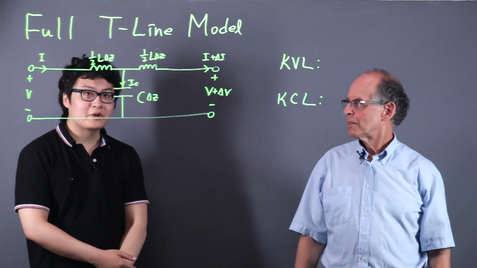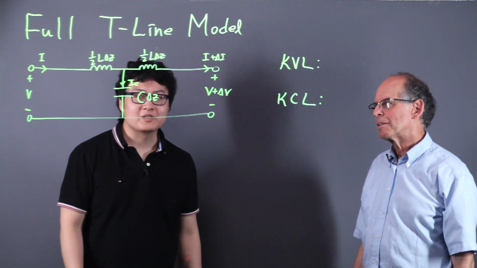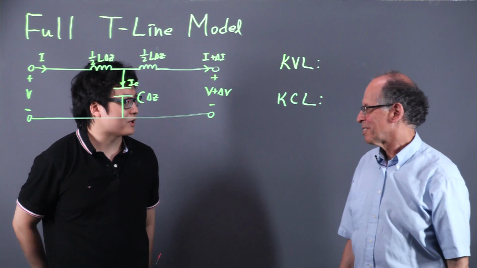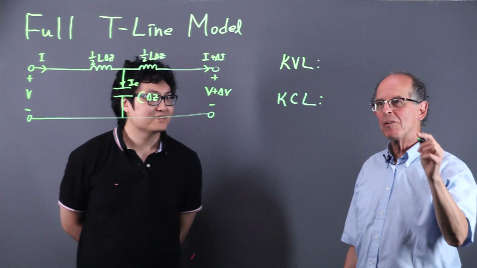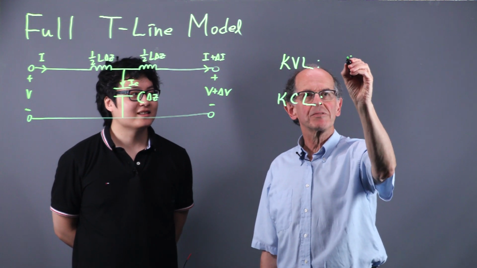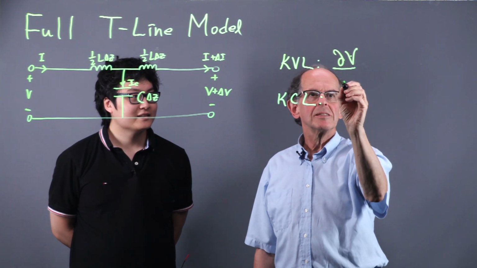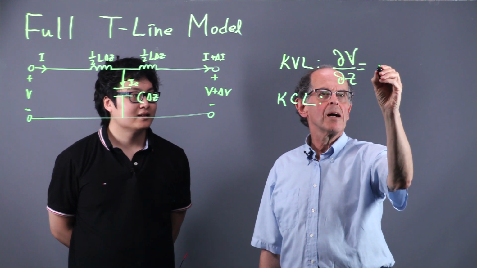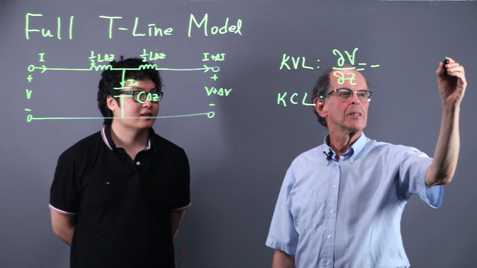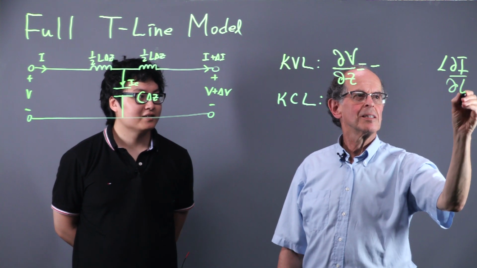Well, now we need to do our full transmission line, but we're going to start with the lossless one. So I guess we already know from KVL for the lossless line that dV/dz is equal to minus L di/dt.